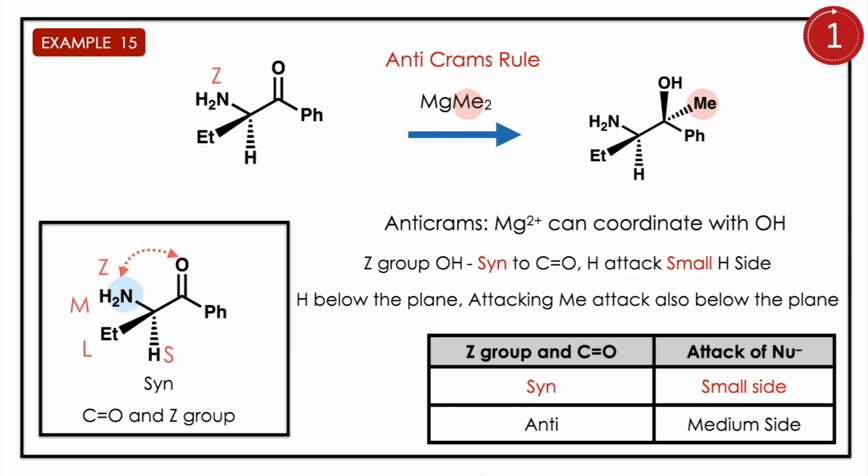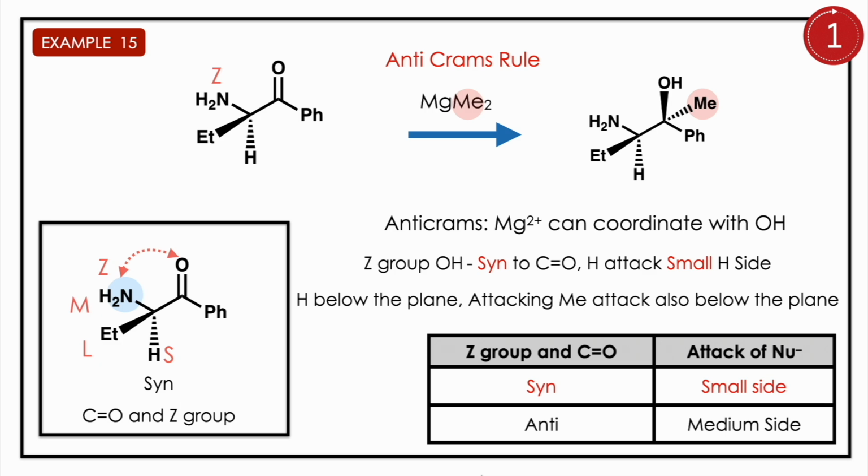It is syn to each other. According to anti-Cram's rule, Z group and CO syn to each other mean attack will happen on small side. Here small group is hydrogen, so attack will happen on hydrogen side. Hydrogen below the plane, so methyl also attack below the plane.